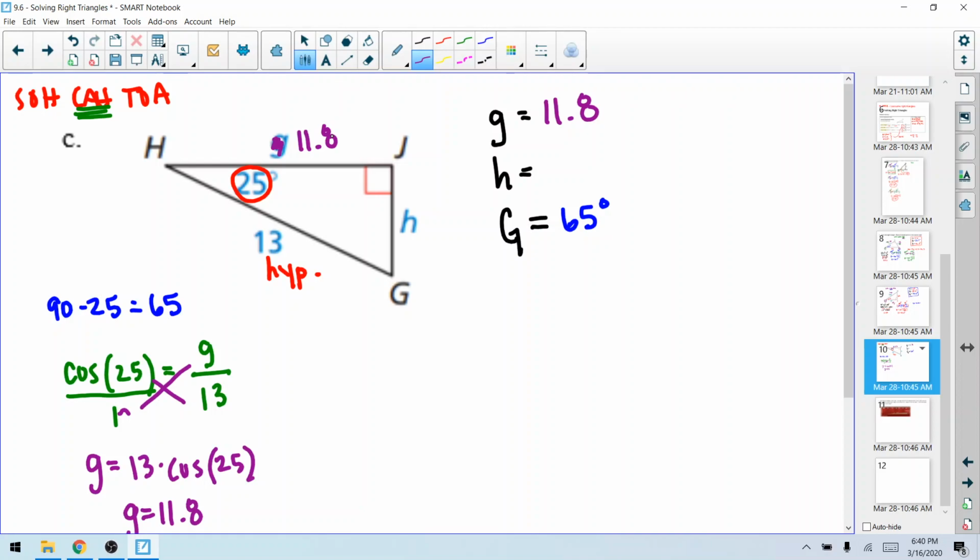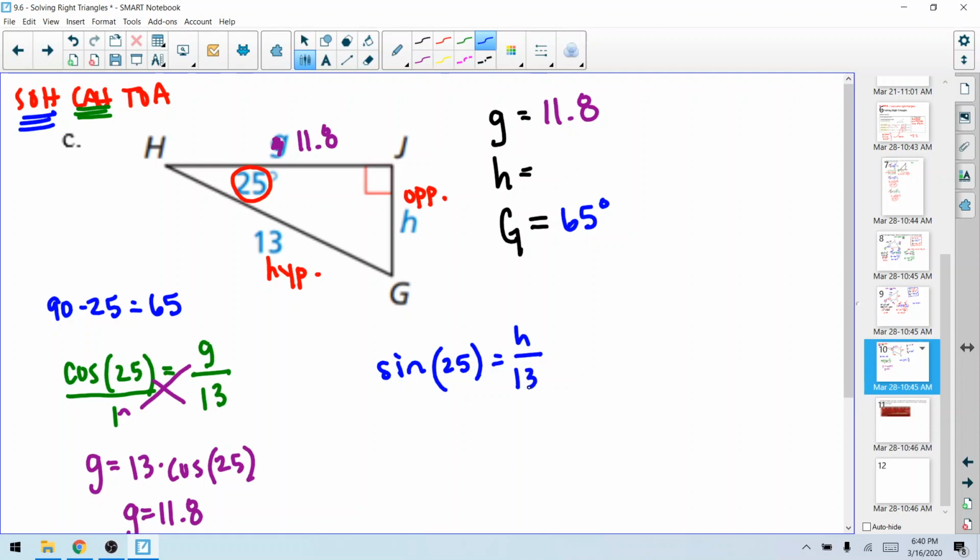Okay, so I'm going to go back. I'm going to use another trig ratio. I'm going to keep the 25 degrees as my reference angle. I know that 13 is my hypotenuse, but from 25, H is now my opposite. If I'm dealing with the opposite and hypotenuse, that's going to be a sine. Sine of the angle, 25 degrees, equals the opposite side over the hypotenuse. Once again, have a conversation with yourself.